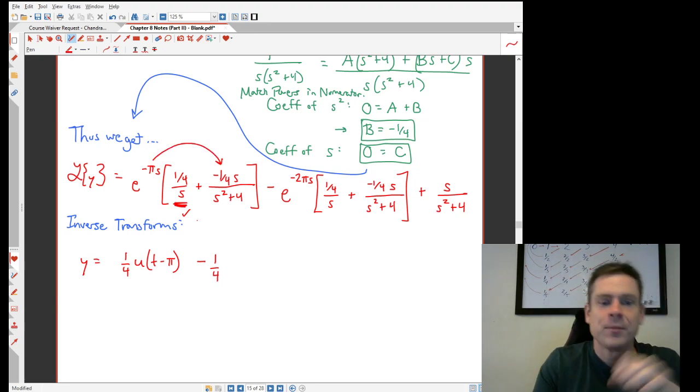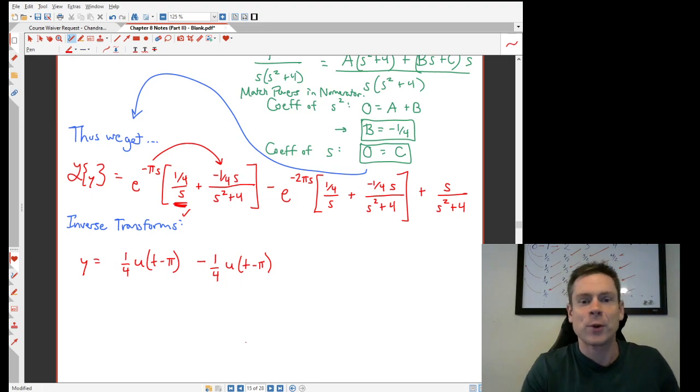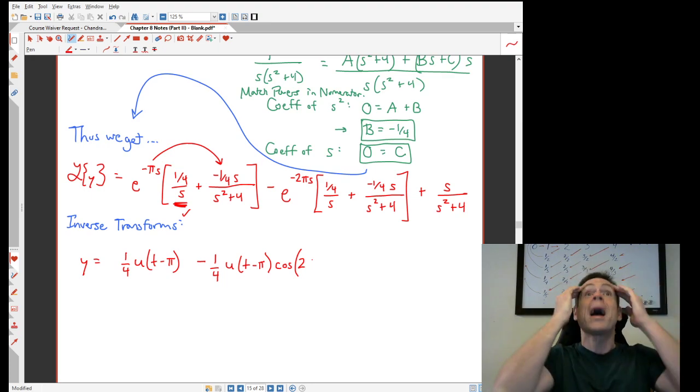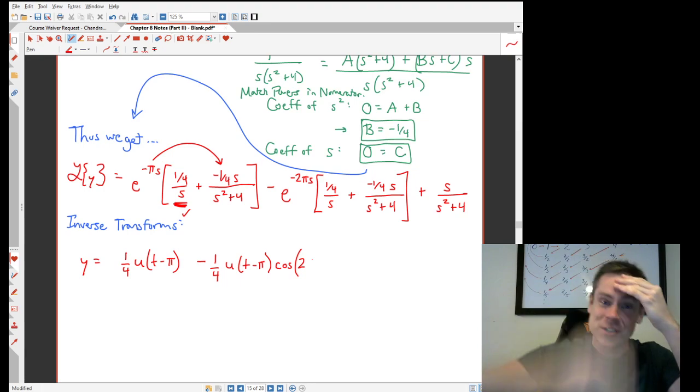So let's see. The e to the minus pi s, I know there's got to be a step function in there, so u of t minus pi is still going to be here. But now I have to multiply by whatever the inverse transform of s over s squared plus 4 is. S over s squared plus 4 is going to be cos of 2t. So I want to write down cos of 2, and then as I go to write down t, I remember how that formula works, because when you're going backward, you have to use that shift rule.